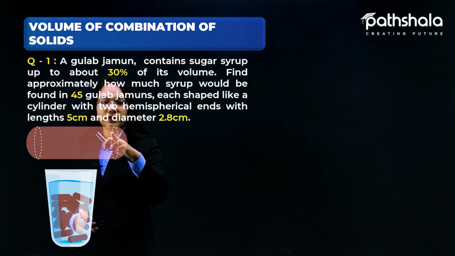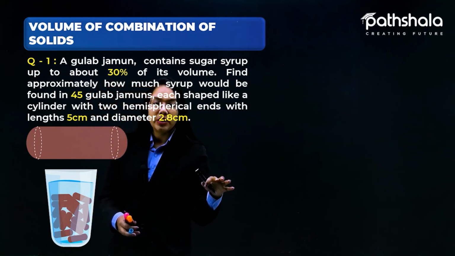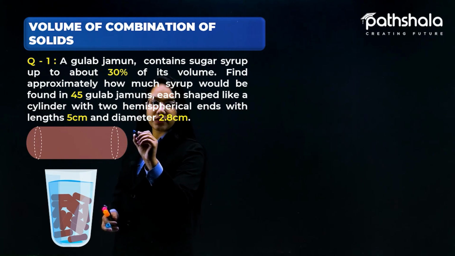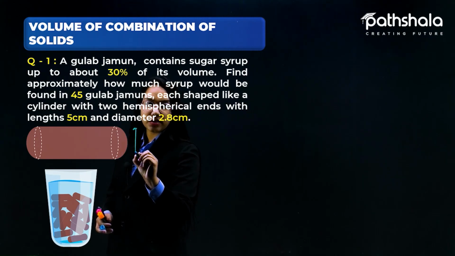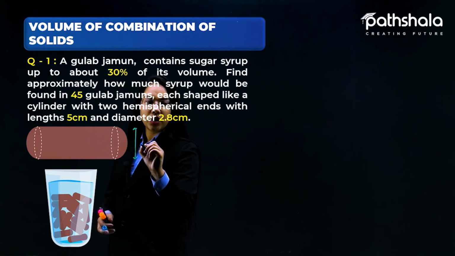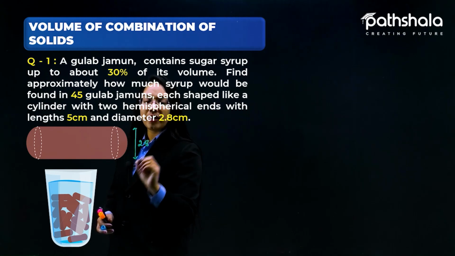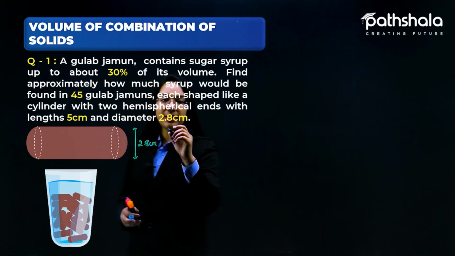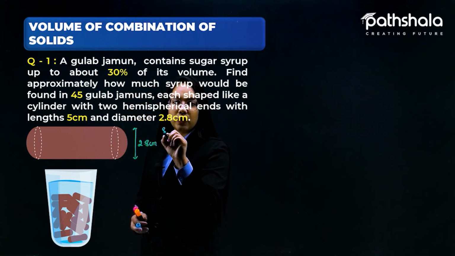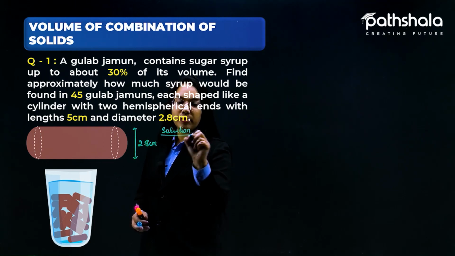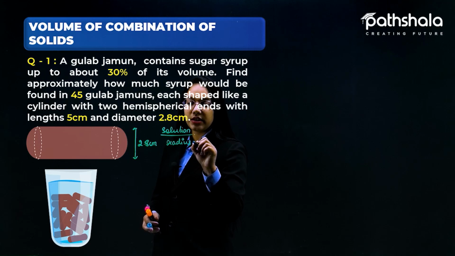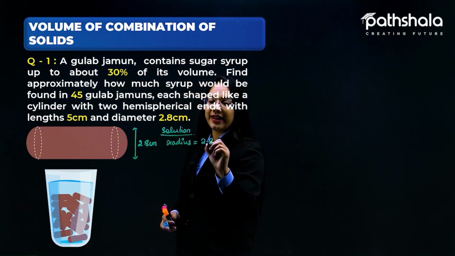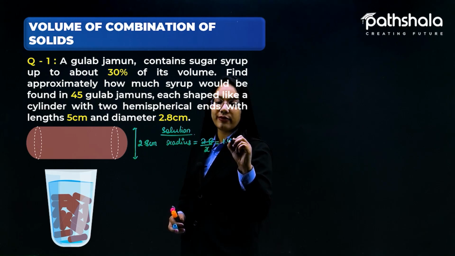And we have the diameter of the hemispherical end, which is 2.8 centimeter. Let us start with the diameter. Since this is the diameter, 2.8 centimeter, it implies that the radius is equal to 2.8 by 2, which is 1.4 centimeter.